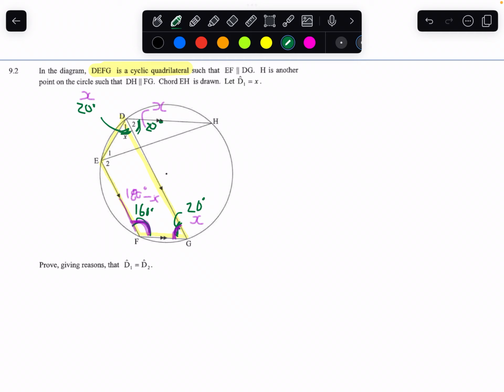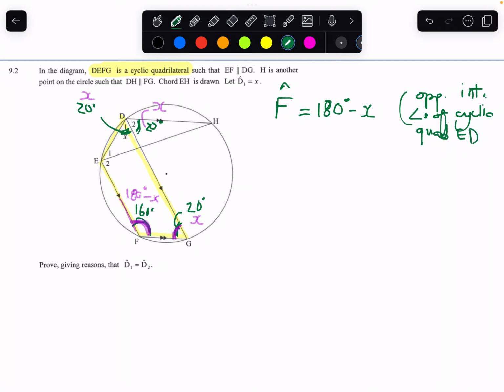So we start out with F is equal to 180 degrees minus X, because opposite interior angles of cyclic quad, okay, and that is cyclic quad E, D, G, F. Okay, then from there we say, well, then angle G will be equal to X, right?